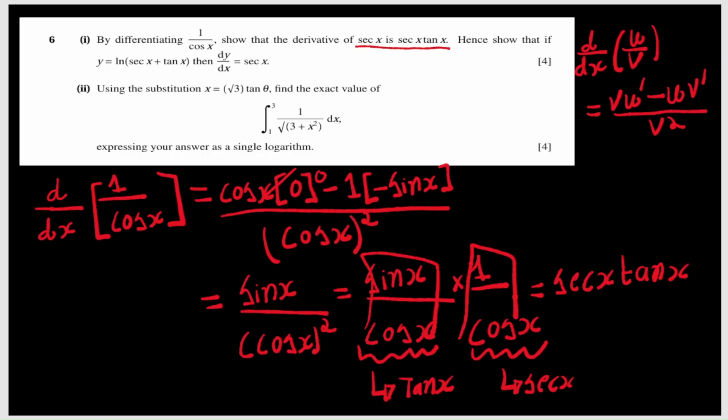So d over dx of ln(sec x plus tan x), and this is supposed to be equal to sec x.